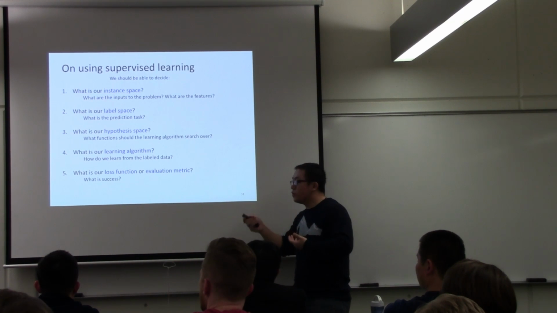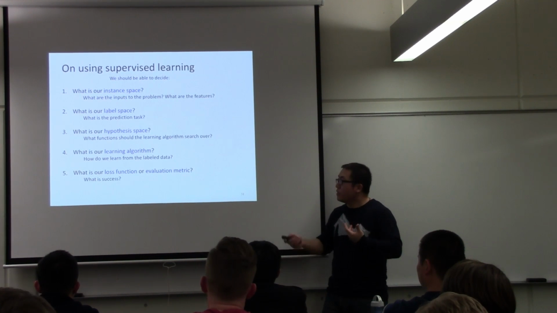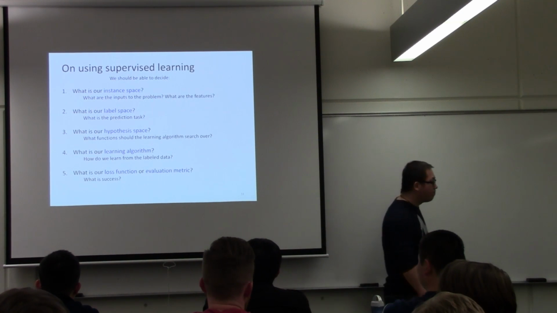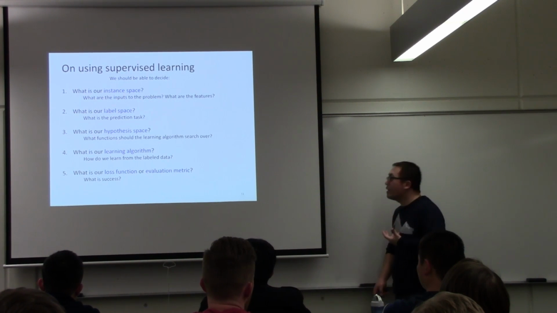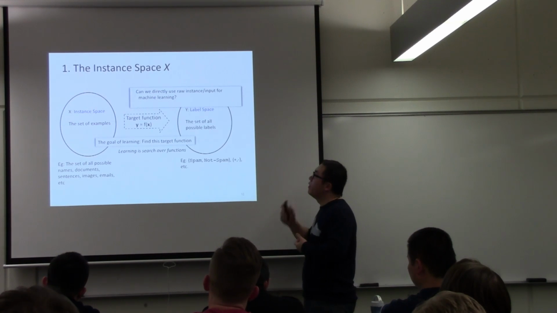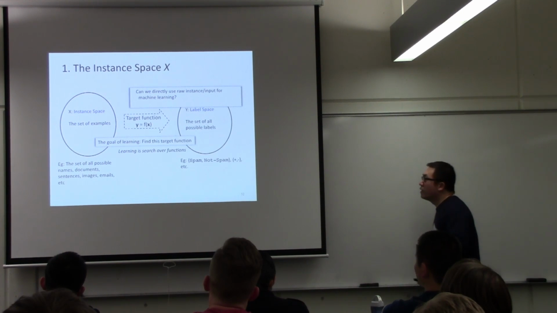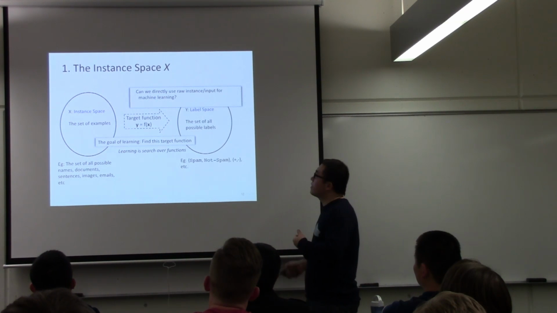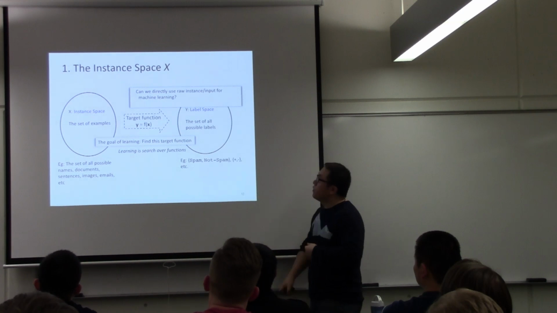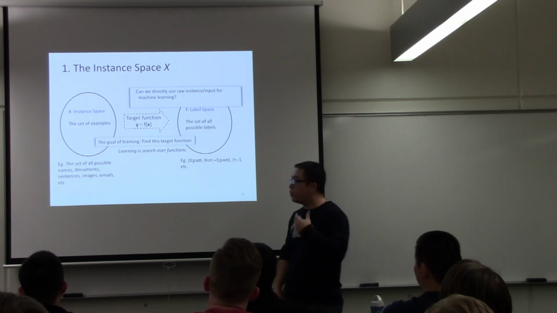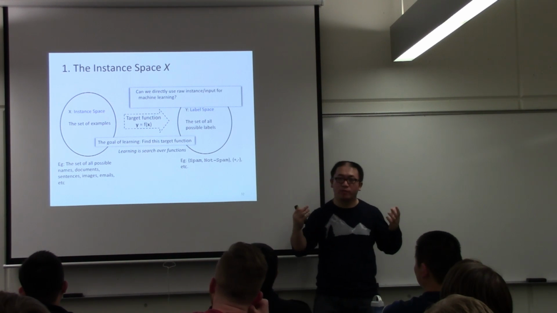And this loss function is also used as an evaluation metric to test our generalization performance. So now let us look at these problems one by one. First, the instance space. This is the question I want to ask. Can we directly use the raw instance or the original instance and fit it to our machine learning algorithm?